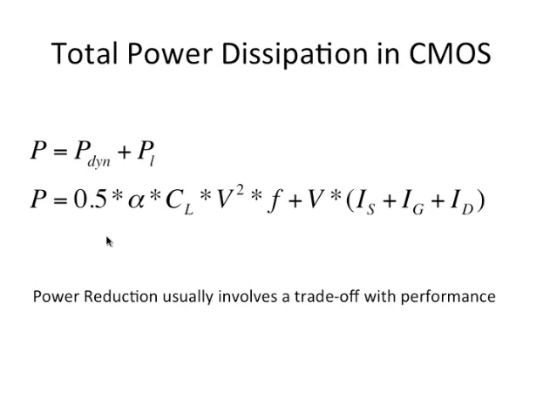You cannot reduce the half, but you can reduce alpha, the switching capacitance, the power supply, the frequency of operation, and the leakage currents. These are all the different terms which you have to reduce by various techniques: circuit techniques, architectural techniques, and of course process related techniques and so on.